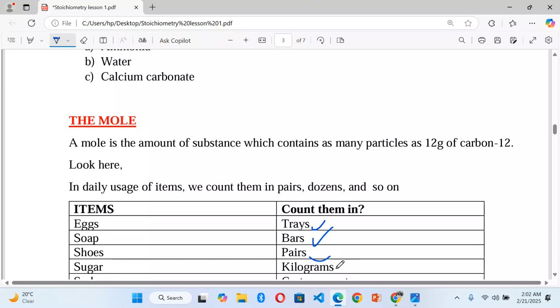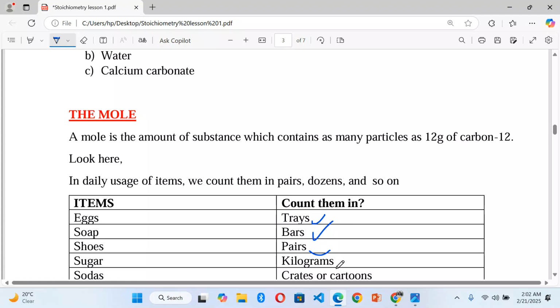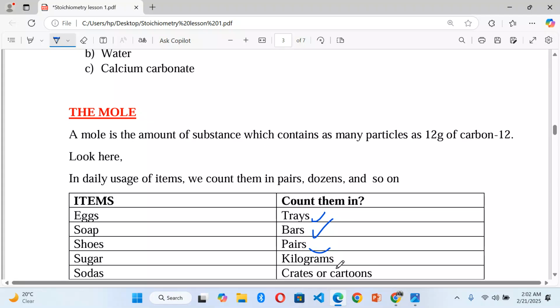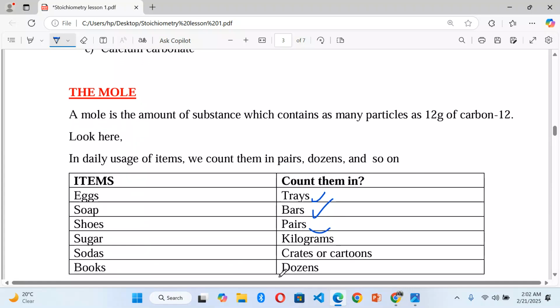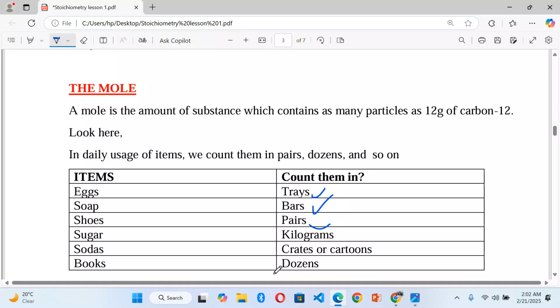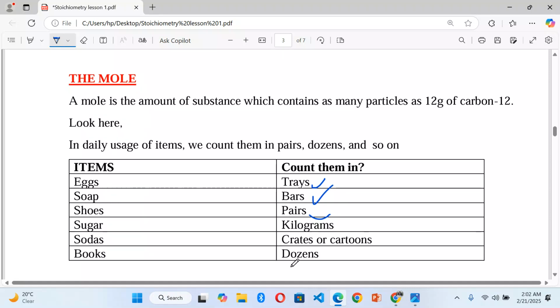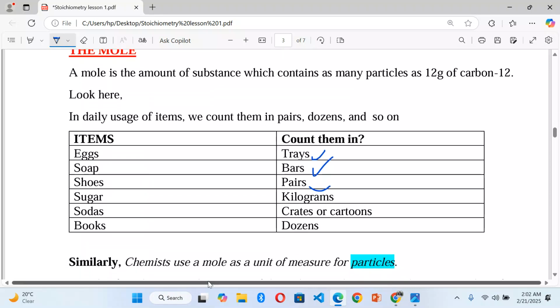Sugar, go in the shop, I need half a kilo. It is measured, it is counted in kilograms. Sodas, counted in crates or cartons. Books are counted in dozens. Similarly, chemists use a mole as a unit of measure for particles.